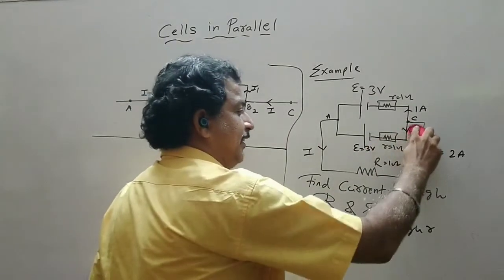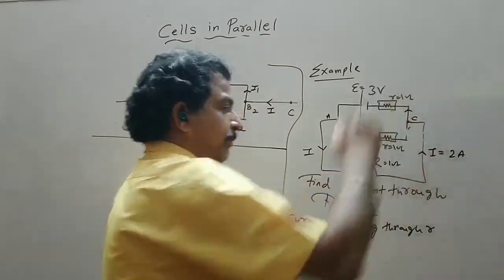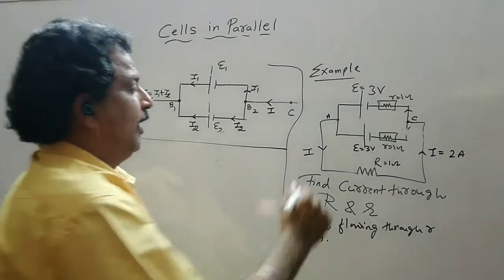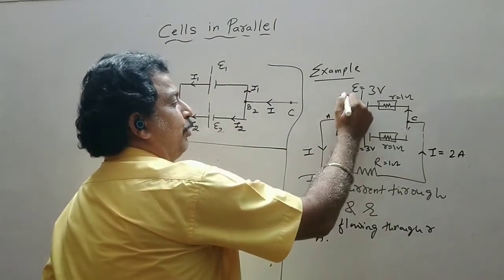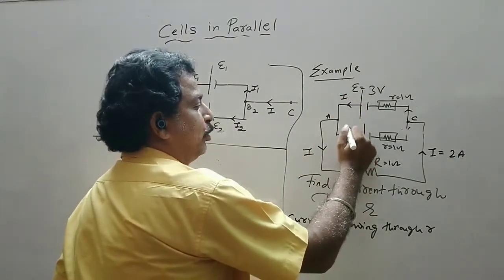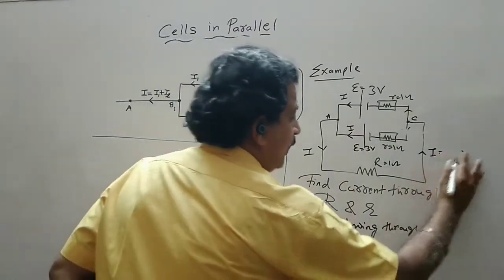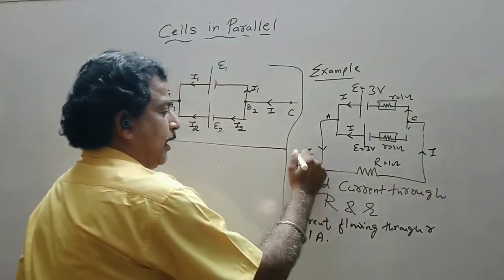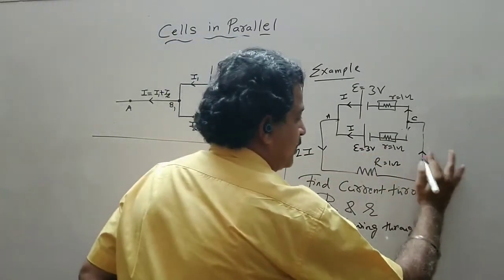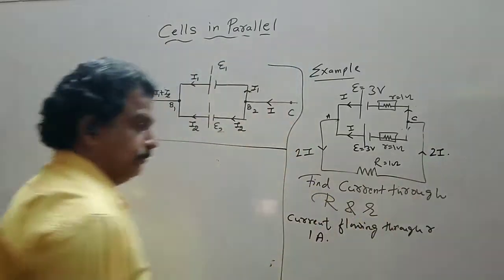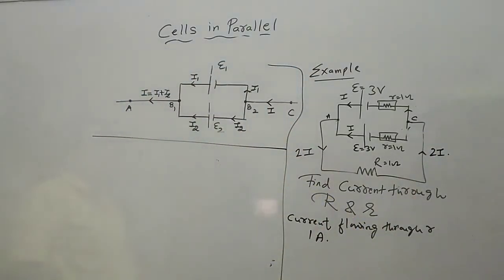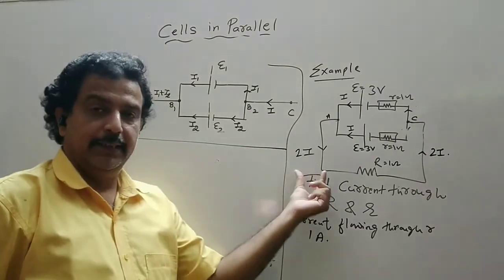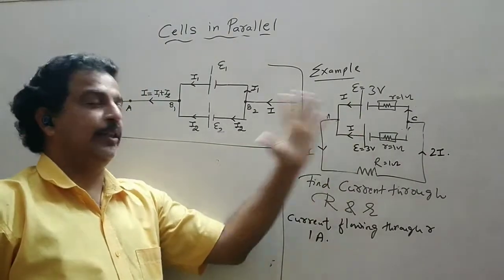Now let us see another method. Let us say the current flowing out from this cell is I, and current flowing through this is also I. So in this situation, the current flowing through external resistance will become twice I. So instead of the equivalent diagram, I take it 2I. I for this, I for this.